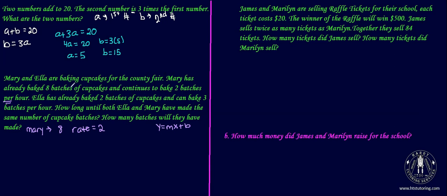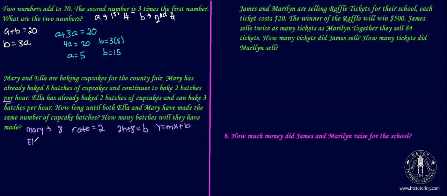So 2 batches per hour depends on the number of hours. So I'm going to have 2h plus 8 equals, after every hour I'm adding more batches, so I'm going to say it equals b. So that's Mary's equation. We have b equals 2h plus 8.